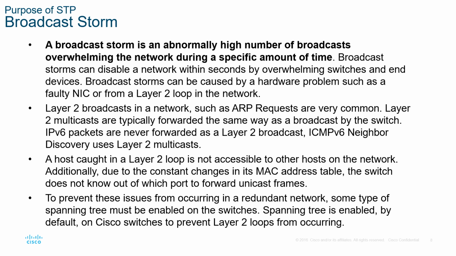You need to understand that a host caught in a layer 2 loop is not accessible to other hosts on the network. In addition, there will be constant changes in its MAC address table because the switch does not know out of which port to forward the unicast frame.